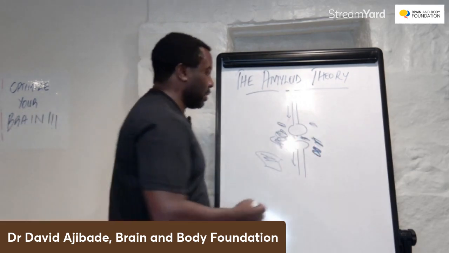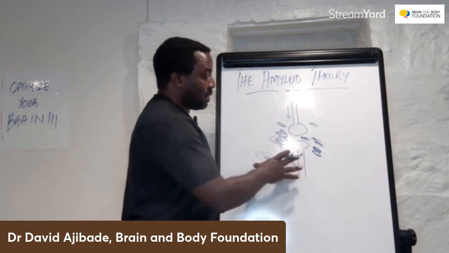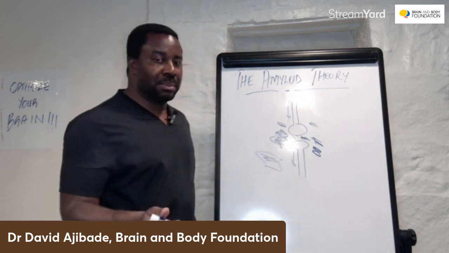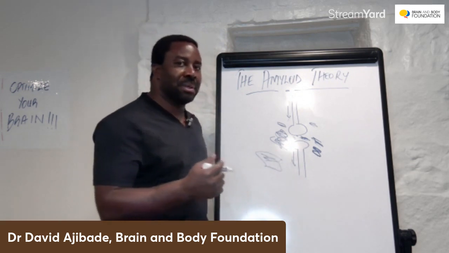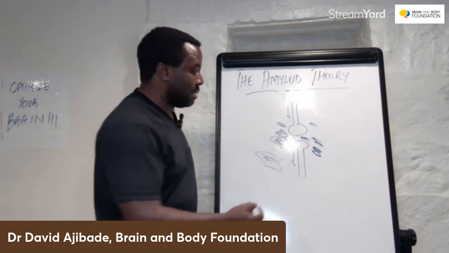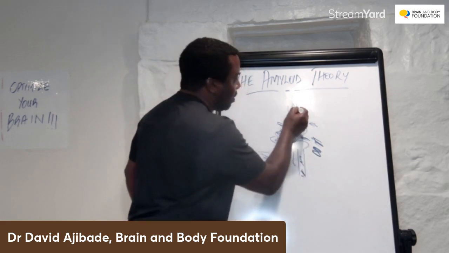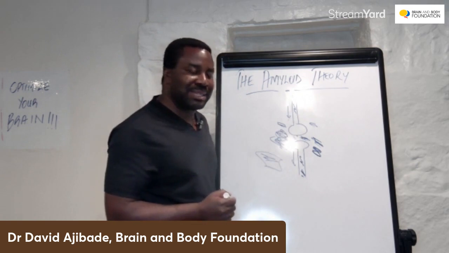The other thing is that this happens later. The amyloid plaques build up for 20, 30 years in the brain. The tau tangles, maybe about 10 or 15 years before you actually start seeing symptoms. These tangles are called neurofibrillary tangles.